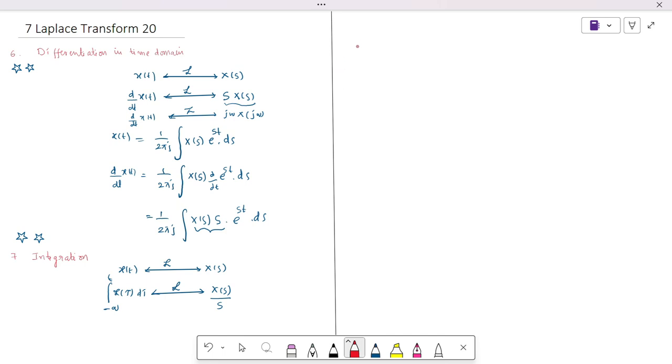The next property, differentiation in the s domain. See, x of t has transform X of s. So what is d by ds of X of s?